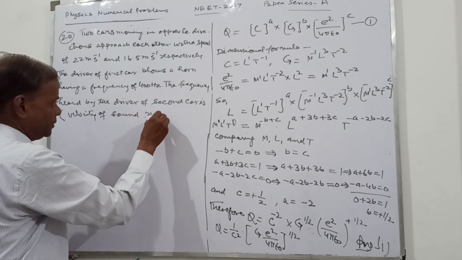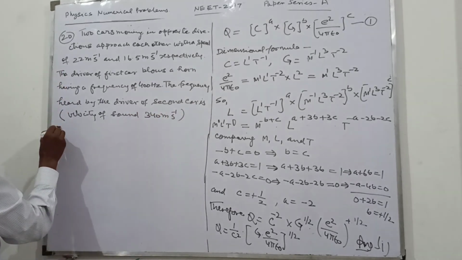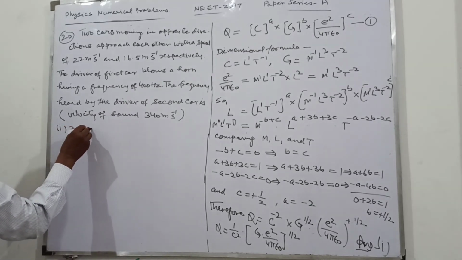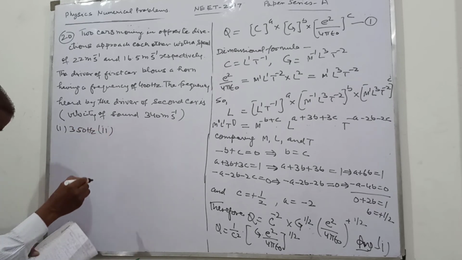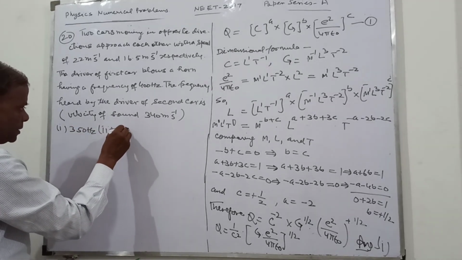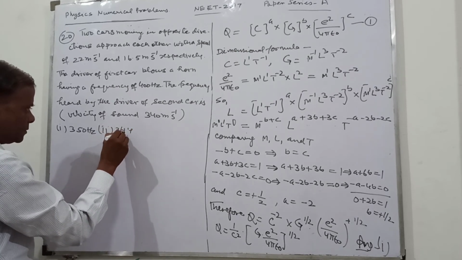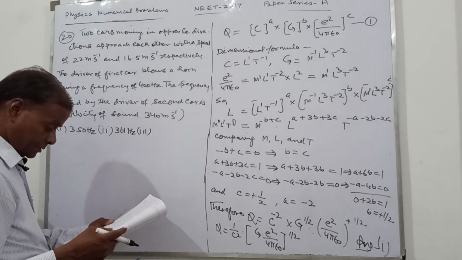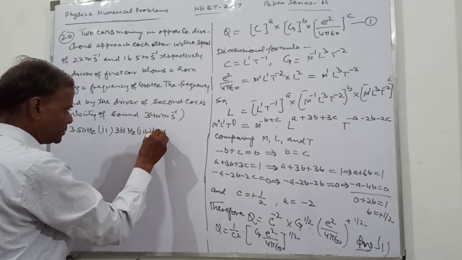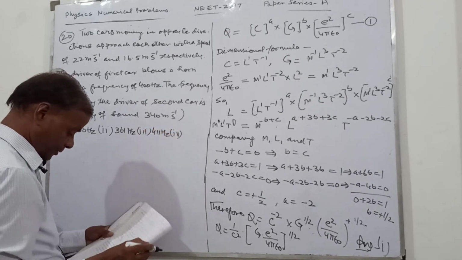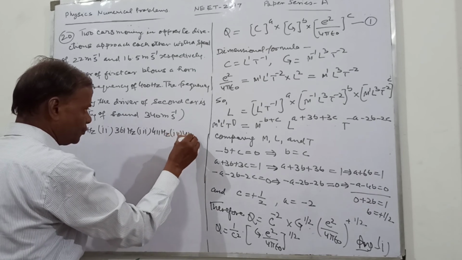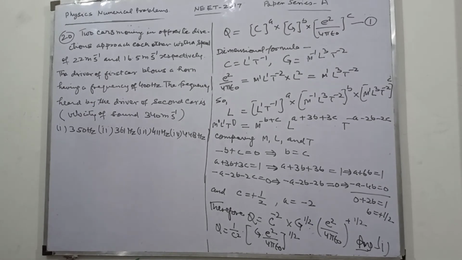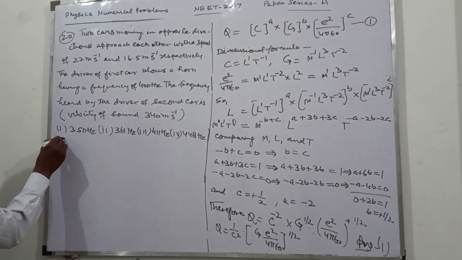This is now 340 meter per second. Now the first option is 350 hertz, second 361 hertz, third is 411 hertz, and the fourth answer is 448 hertz. These are now given as the options. So now you can find the solution of this one.